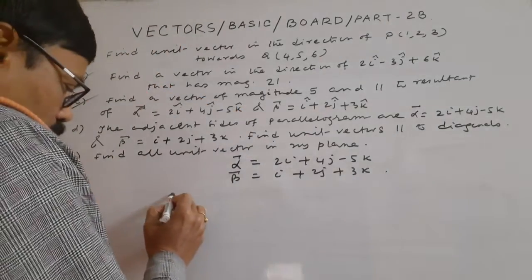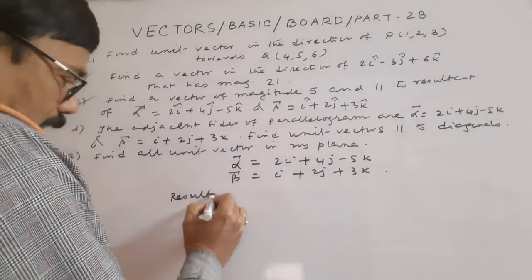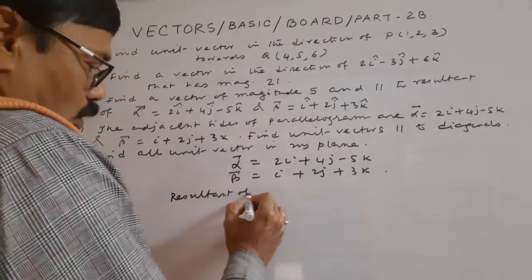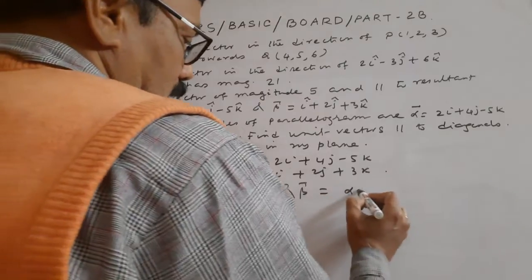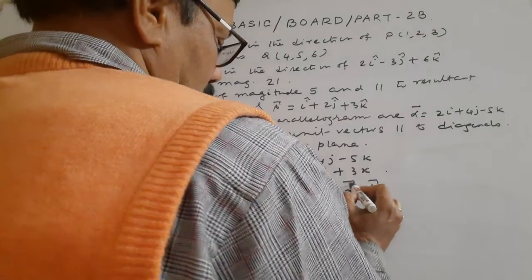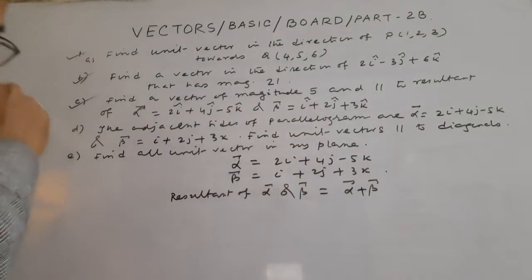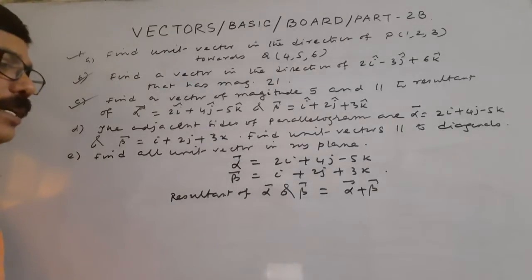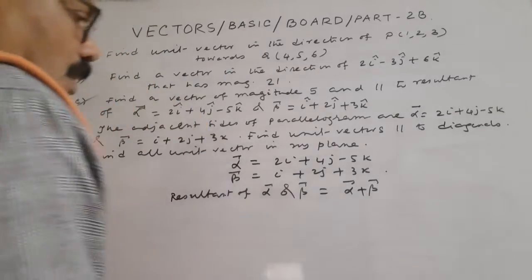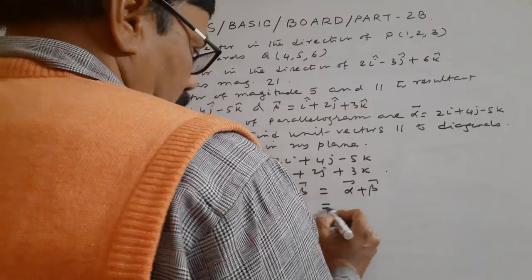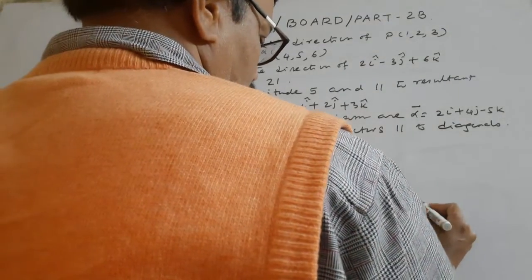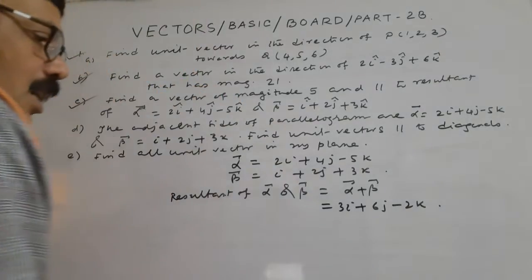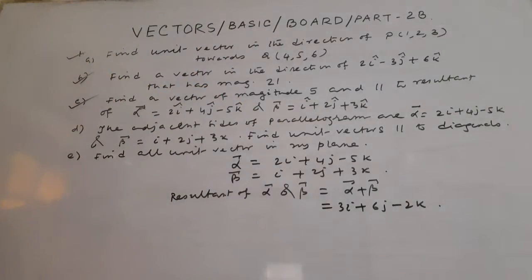Now the resultant of alpha and beta, you know, this is alpha plus beta. So alpha and beta are two vectors, their resultant is alpha plus beta. So 3i plus 6j minus 2k.